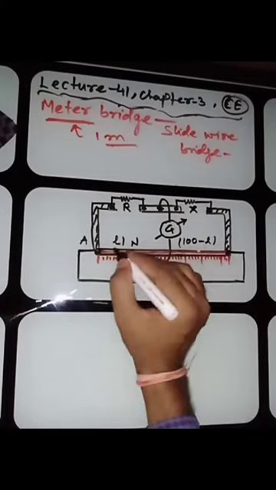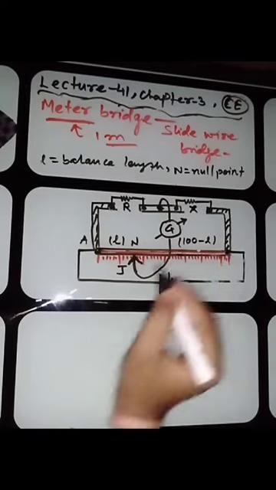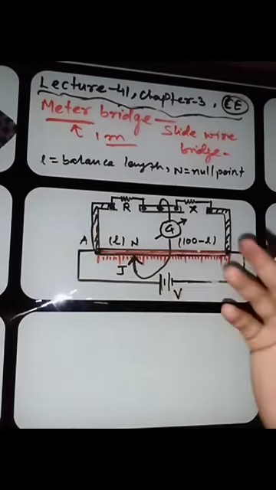This N is called the null point. In examination, if you find this question, then you can write by giving the labels. This J is the jockey, G the galvanometer. Okay, this is the battery eliminator. This is the known resistance. This is the unknown resistance. You can write in your notes properly.